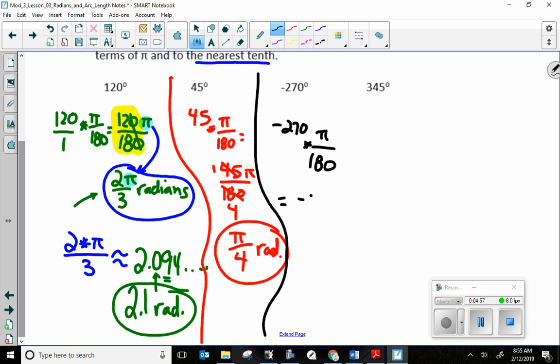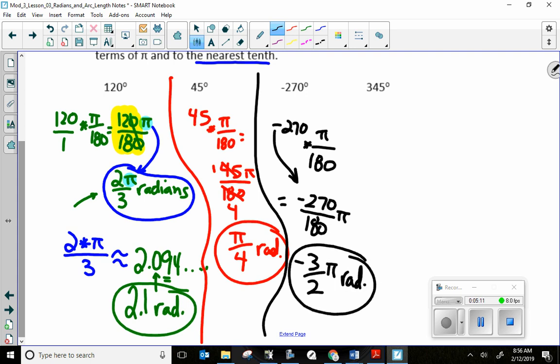I end up with negative 270, don't forget the negative sign, over 180, and I still have my pi out here. So that is negative 3 pi over 2, and that's in radians. Because 3 pi over 2 is 270 when we graph trig. This just so happens to be negative, so I want to make sure I keep it negative.